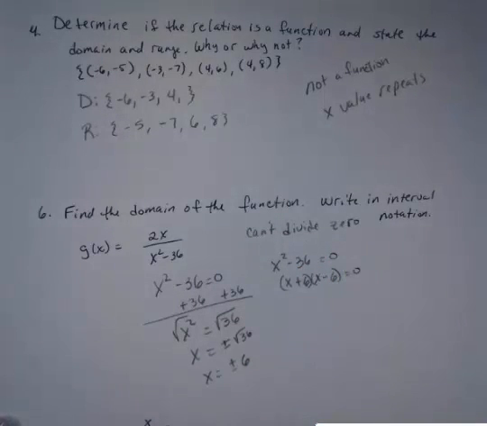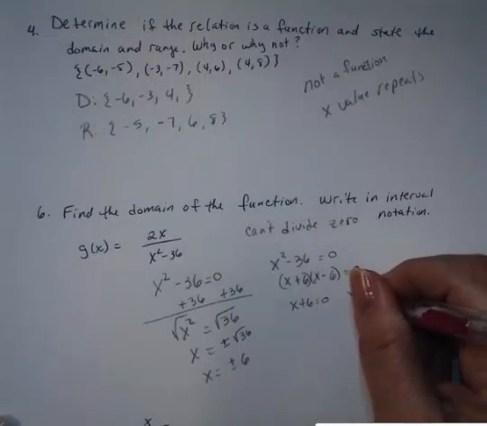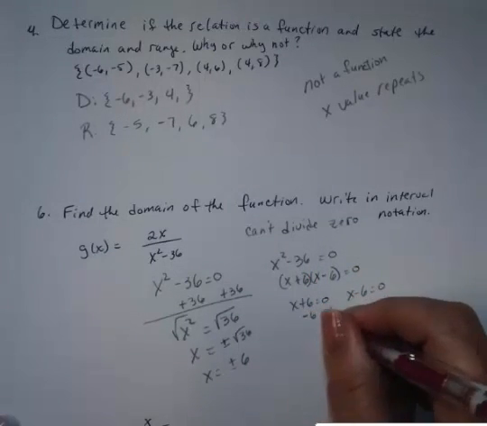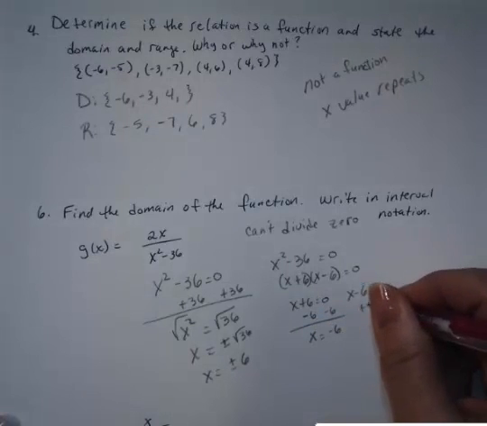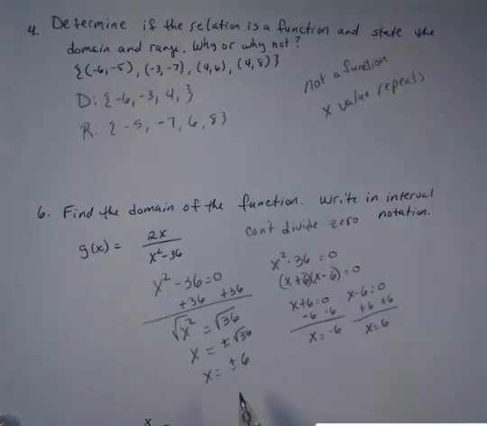Now you will set each part equal to 0 to solve. So we're going to subtract our 6 on this side. So x will equal -6. Add our 6 to this side, x equals positive 6. If you notice, we get the same answer either way we solve the denominator equal to 0.